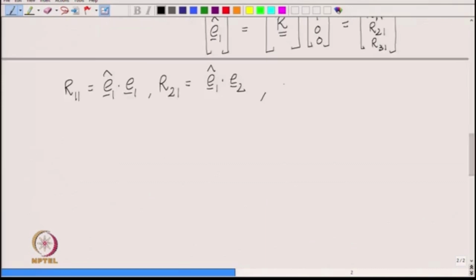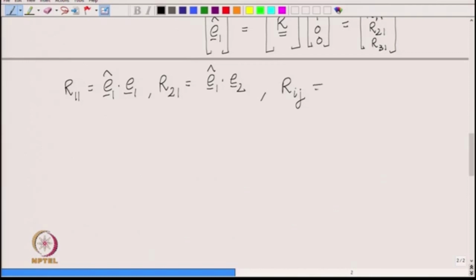So, what can we say then about Rij? Rij means it is the jth column, so it must be the component of Ej hat, and it is the ith row, so it must be the ith component.